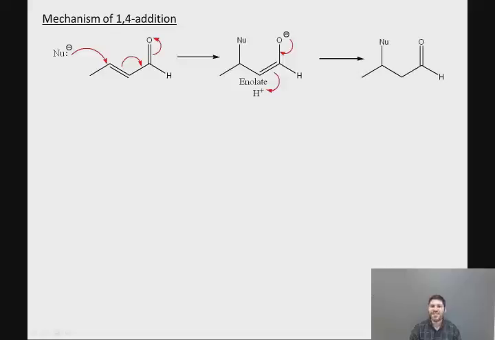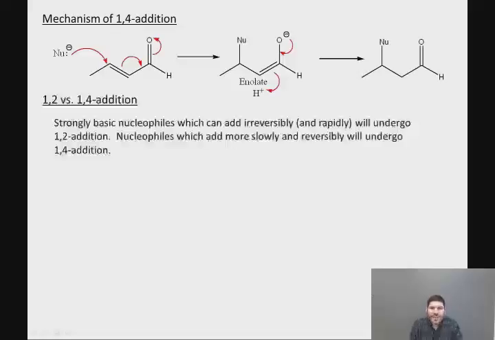This now leaves us with an enolate, and then in the second step, this enolate is going to protonate. Instead of actually forming the enol, I have this protonating directly on the alpha carbon, which is what it's going to want to do, to give us the aldehyde that now has a nucleophile having added to its beta carbon.